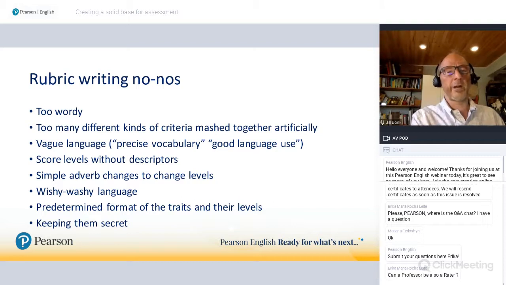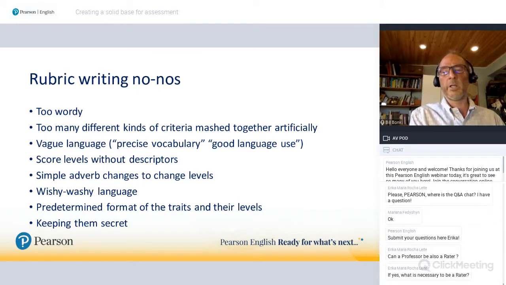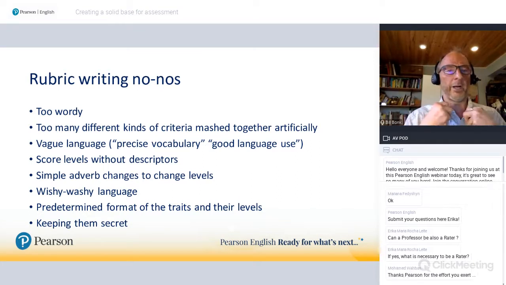Some real no-nos in writing rubrics that I've come up with over the years are, first of all, many times people have too many words. As I said, raters often want to internalize the rubric, so they're not paying attention to all those words. The more words you put in, the fewer words they will pay attention to. So keep it as simple as possible. Try not to mash together different kinds of criteria artificially.